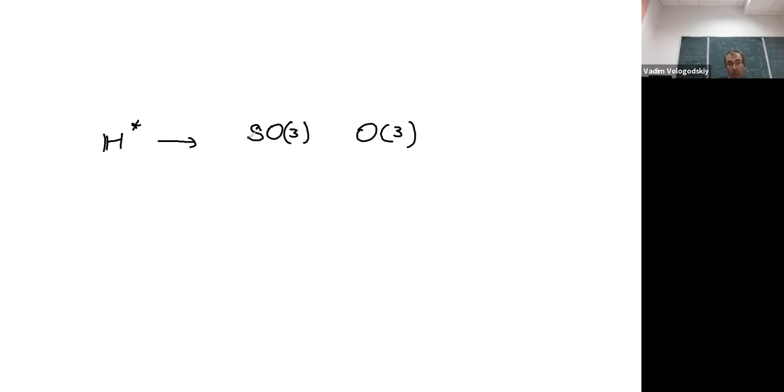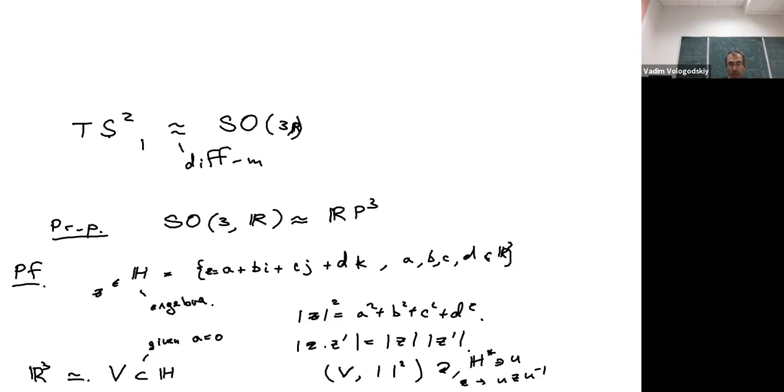Well, the determinant is a continuous function, and the determinant of every element here is either 1 or negative 1. So it's also locally constant. So because this is connected, the image must be in SO(3).